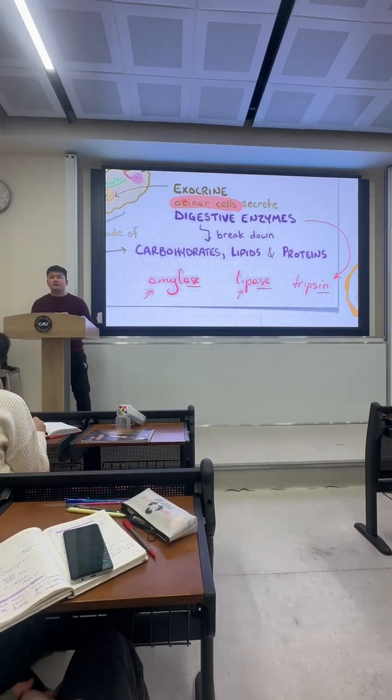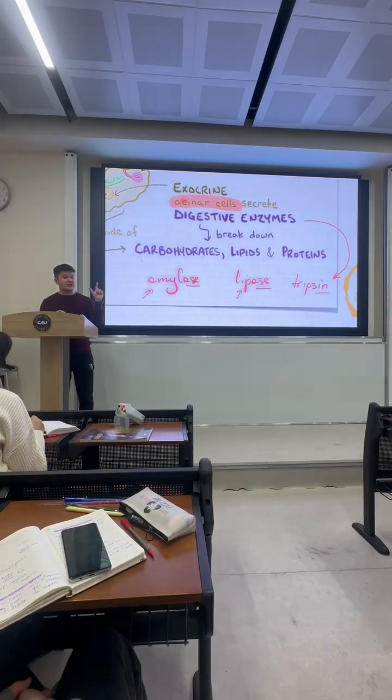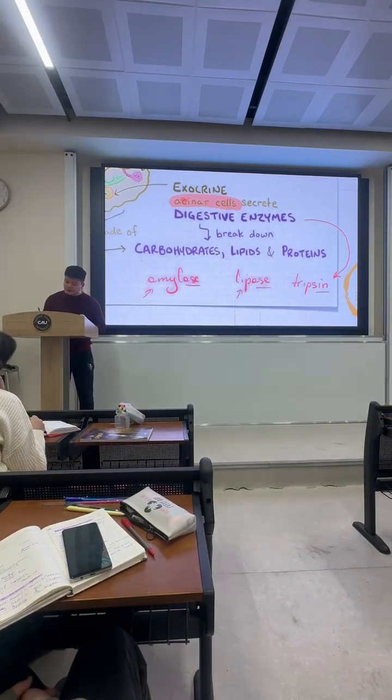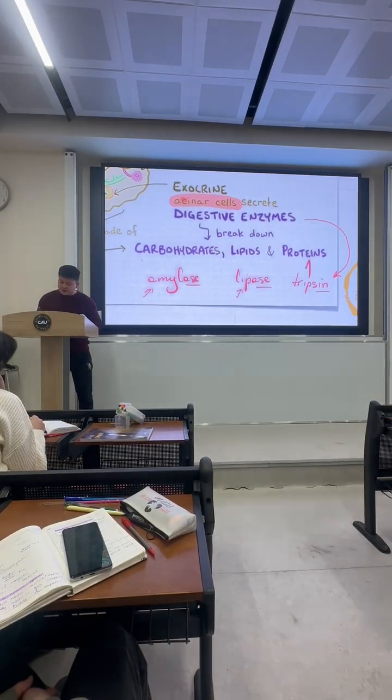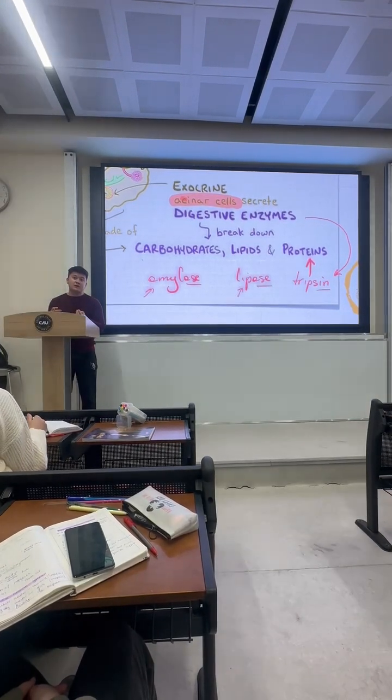So from the exocrine secretions of the pancreas, they release three enzymes. The first, amylase. The second, lipase and trypsin. Trypsin is going to break down the proteins that we ate, for example meat.